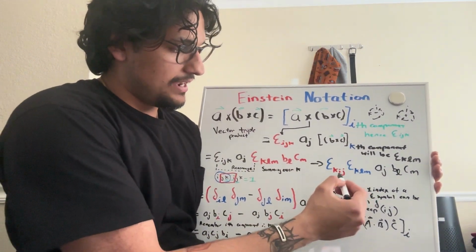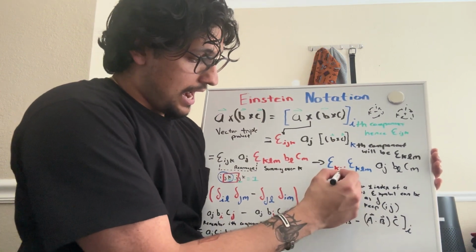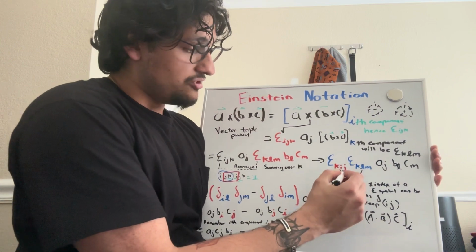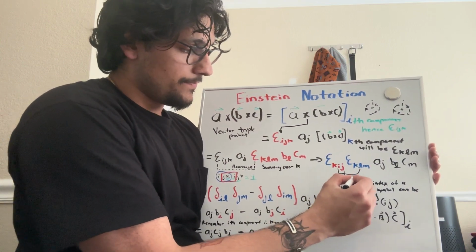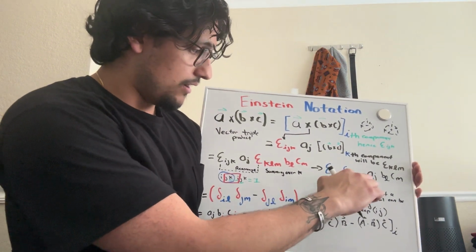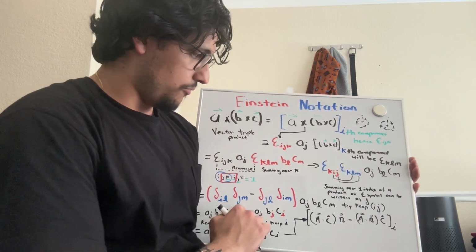The way I remember is the bottom part: the I goes with the L, and J will go with M, so I L, J M right here.